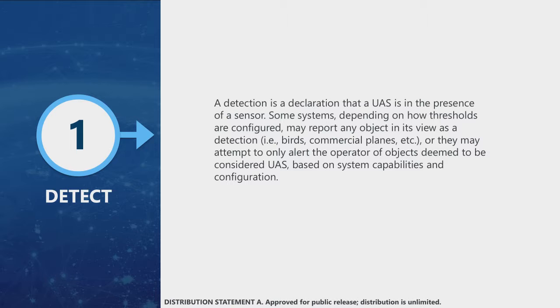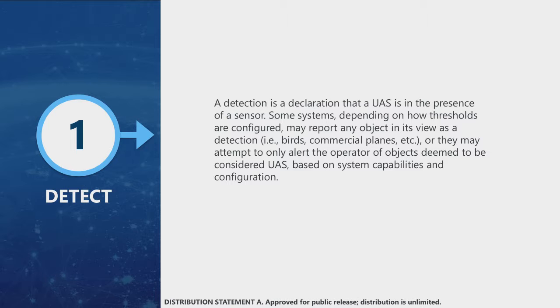Some sensors, some systems, may report any object as a detection. So you get birds, commercial aircraft, you know, anything that is in the air. A kite could potentially be a detection in this case.